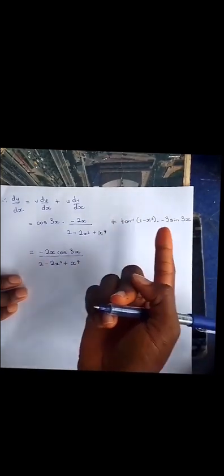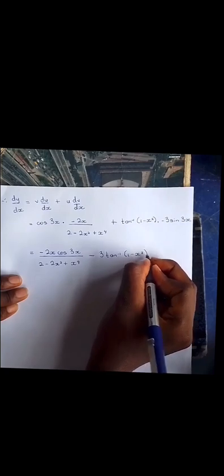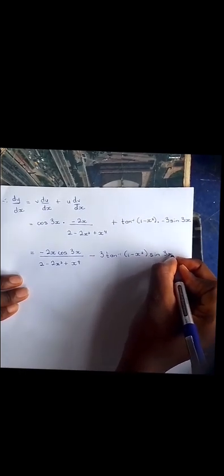Now to simplify this, there's a plus sign here and there's a minus sign here. Plus times minus will give me minus. I'm going to bring this 3 in front. 3 arctan 1 minus x squared sine 3x. So this is how to differentiate arctan 1 minus x squared cos 3x.